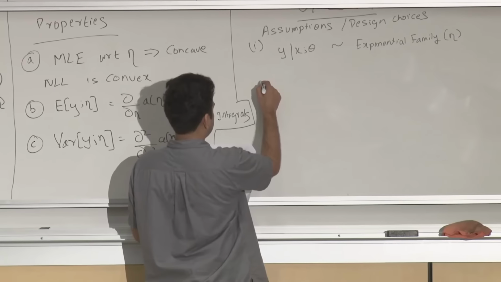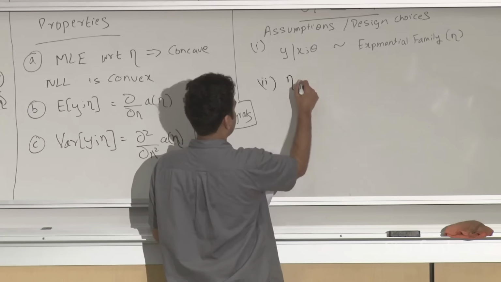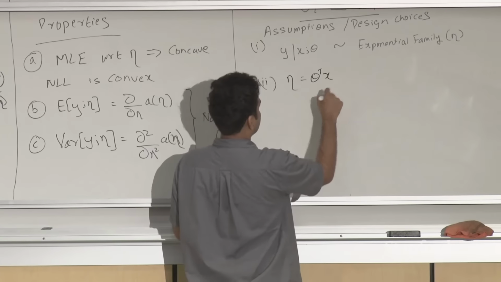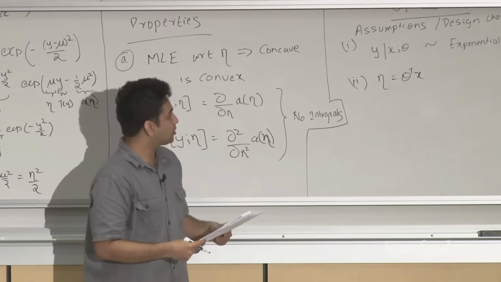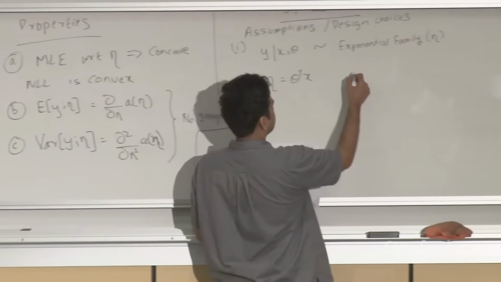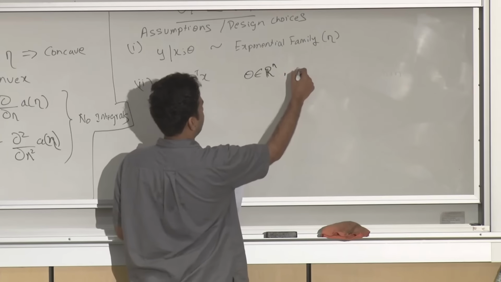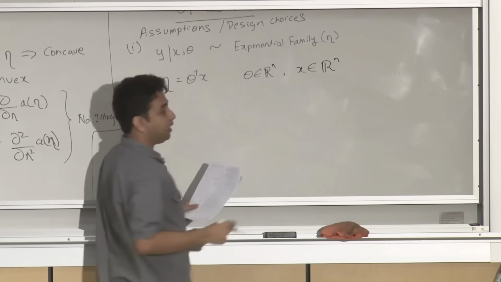And the second design choice that we are making here is that eta is equal to theta transpose x. So this is where your x now comes into the picture, right? Theta is in Rn, and x is also in Rn.